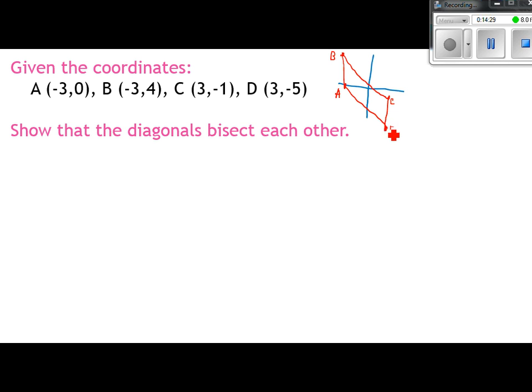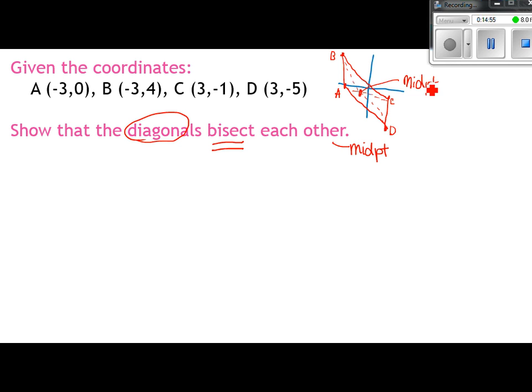And we want to see if it's a parallelogram by showing that the diagonals bisect. So we're going to use midpoint here. When we're using midpoint, we want to use the diagonal BD and the diagonal AC, and find out if they match up with their midpoint.